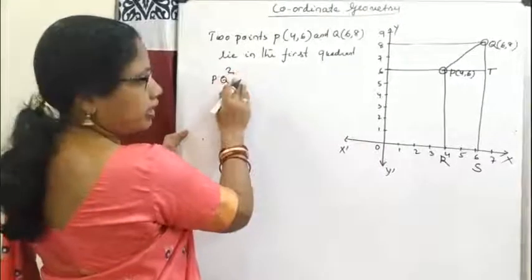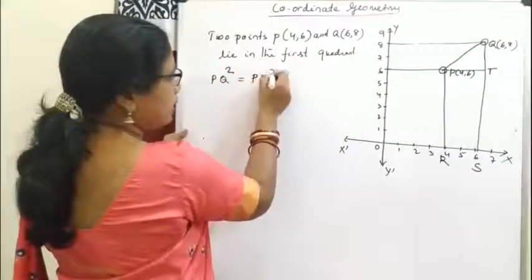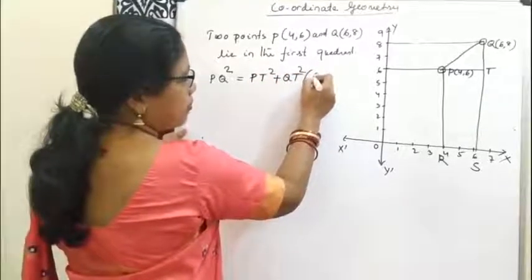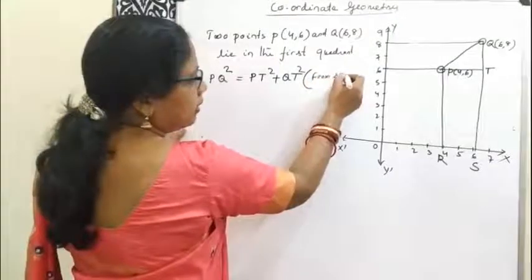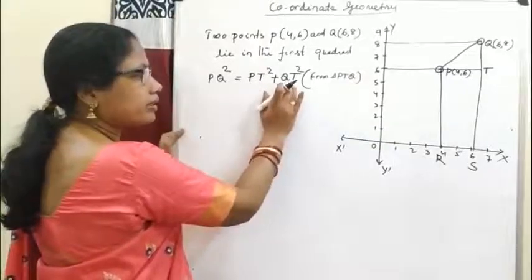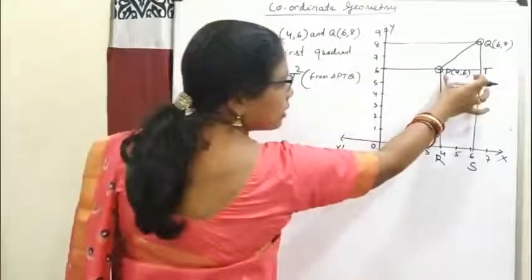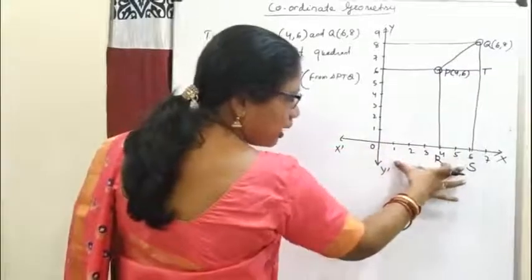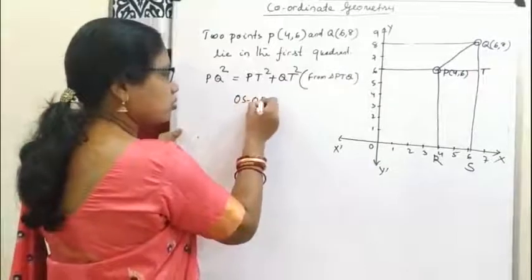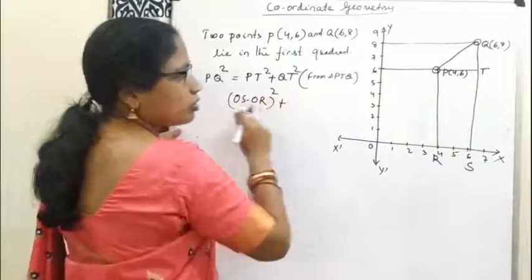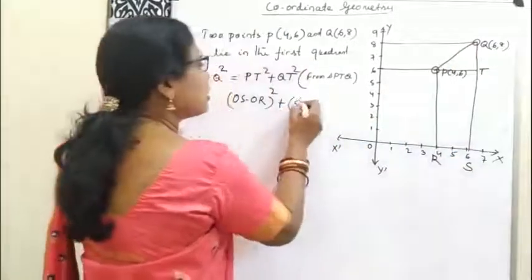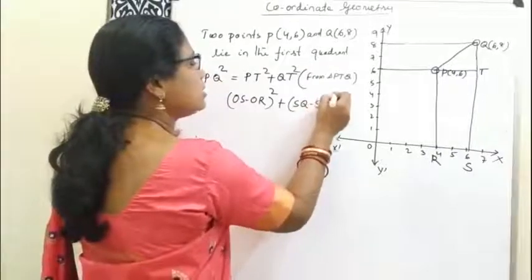So here first we have to find PQ. PQ square is equal to PT square plus QT square from triangle PTQ. So first we have to find PT, then QT. So what is PT? PT is OS minus OR. So OS minus OR square plus what is QT? SQ minus ST. SQ minus ST square.